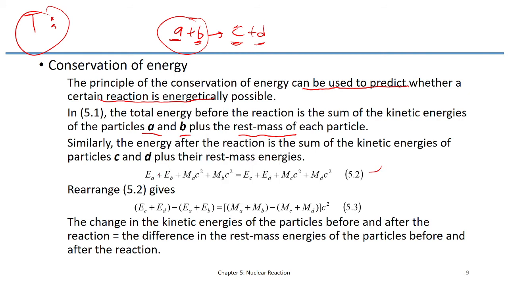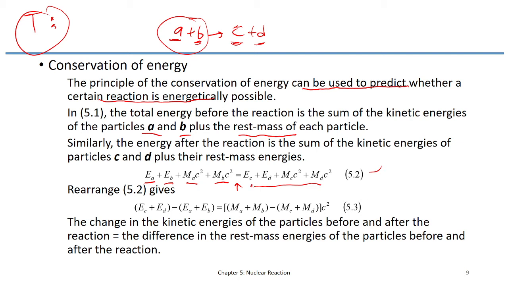Okay, so this is the kinetic energy of particle A, this is the kinetic energy of particle B, this is the rest mass energy of particle A, this is the rest mass energy of particle B, before the reaction. This sum of energy should be conserved, so equal to the total energy after the reaction.